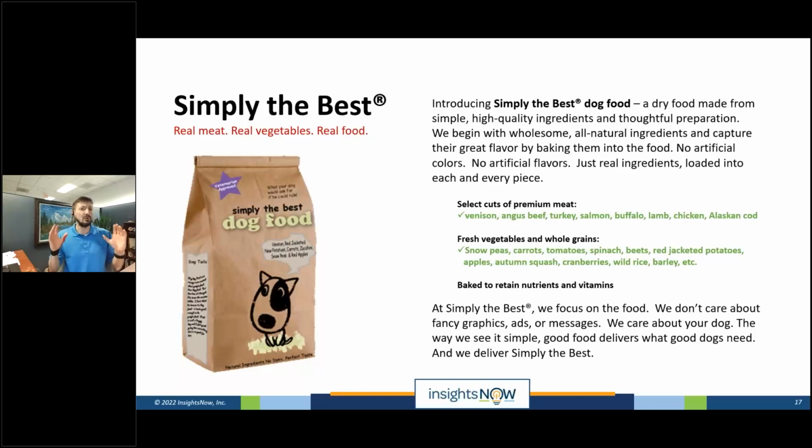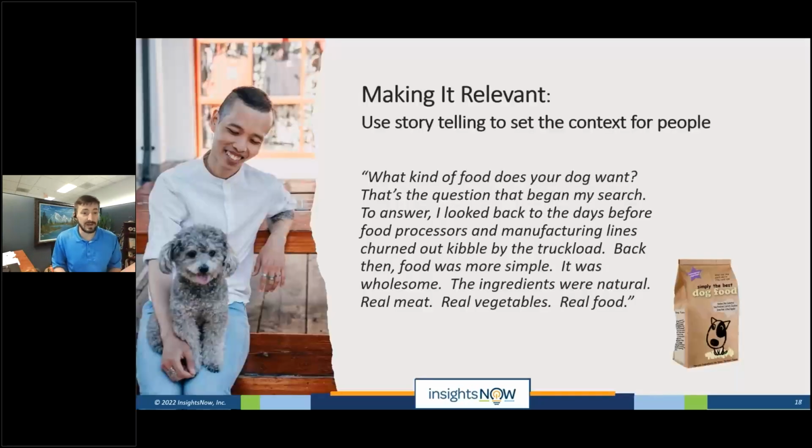All right, so in the research, you want to make it relevant first. So using storytelling to set the context for people was one way that this came about as creating relevance for people. So this is coming back and it's setting that context, and notice that there's that emotional pull within this. So what kind of food does your dog really want? Right, this is the owner's question that began her search.